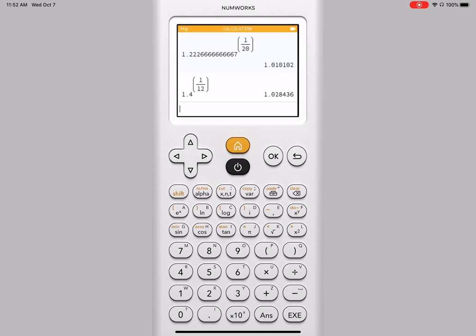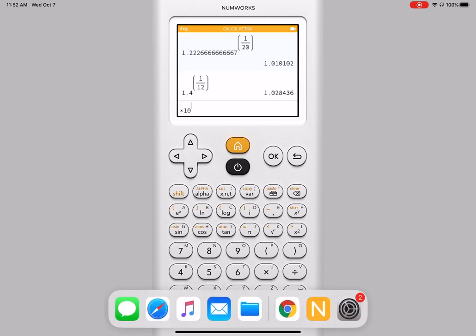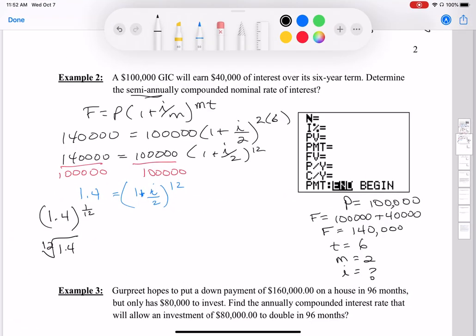Okay, so we get an answer of 1.028436. Let me just redo that. 1.028436.